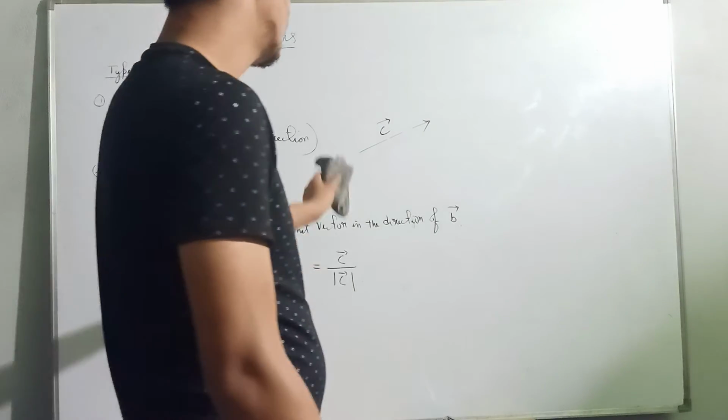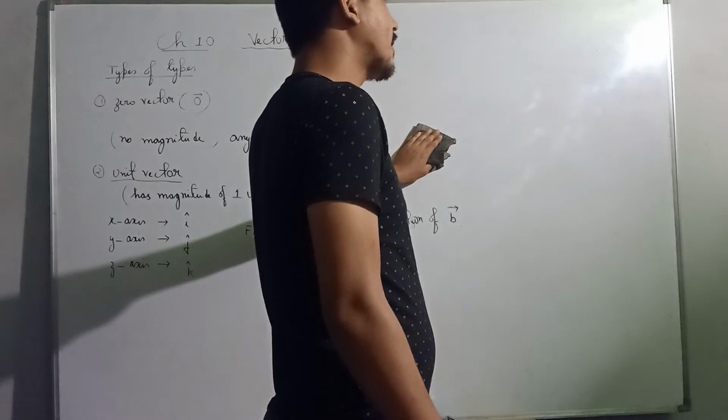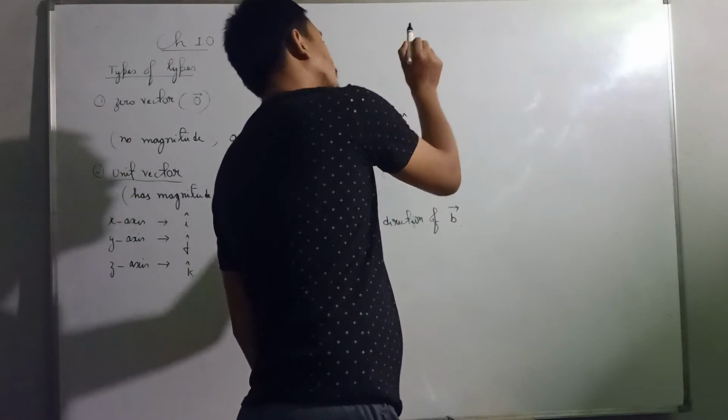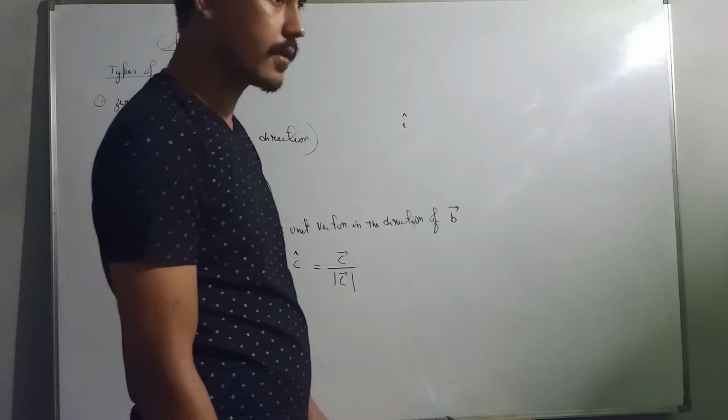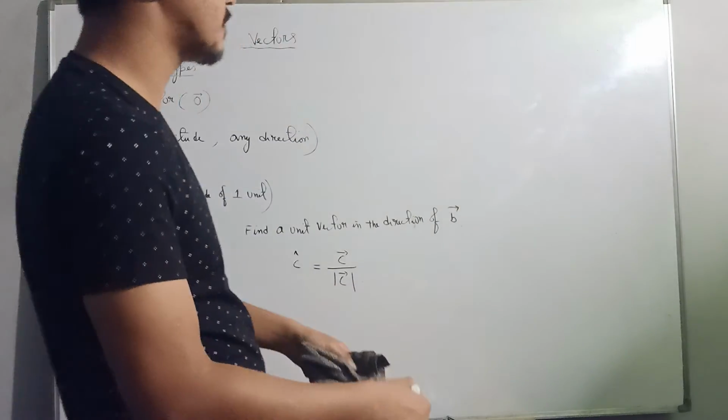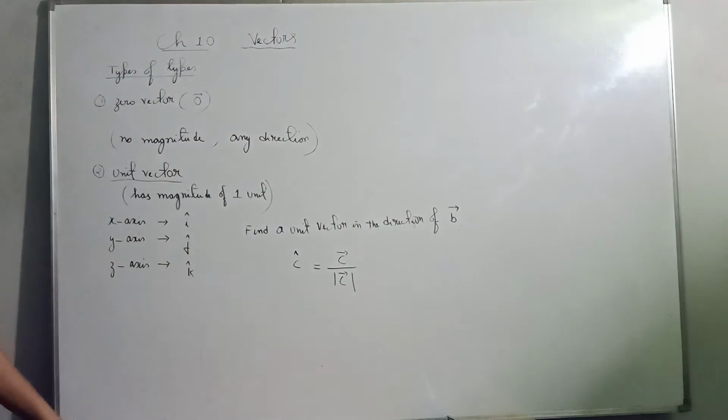Find a unit vector in the direction of the x-axis, then just write i cap. Find a unit vector in the direction of the z-axis, just write k cap.